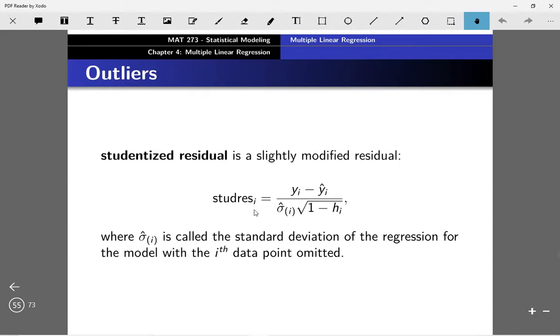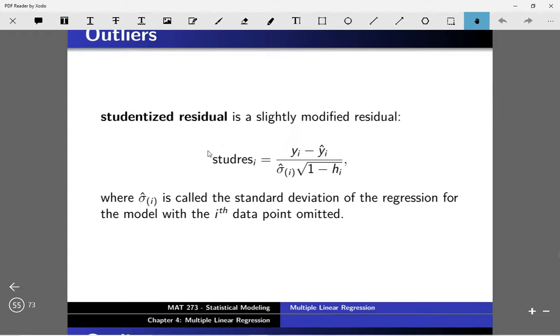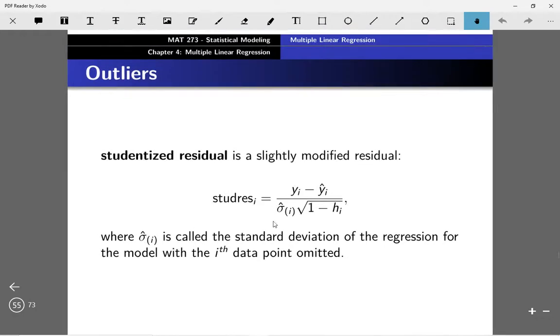So we fit the model on all the data except for the ith observation, and then we get this new standard error of the regression each time. So just another metric that we can use. A really large studentized residual flags a potential outlier here.